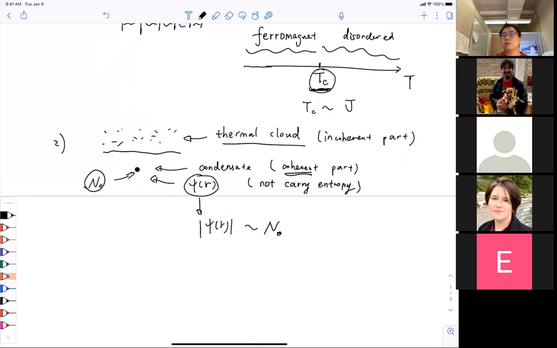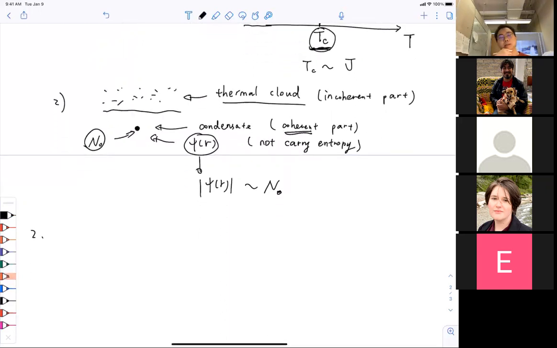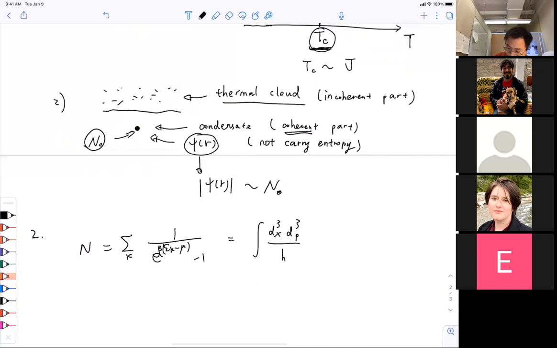Okay, so for this kind of BEC, the starting point is always, I just write down what you learned in the class. Sum over k of 1 over exponential of beta (epsilon k minus mu) minus 1, and dx dp.